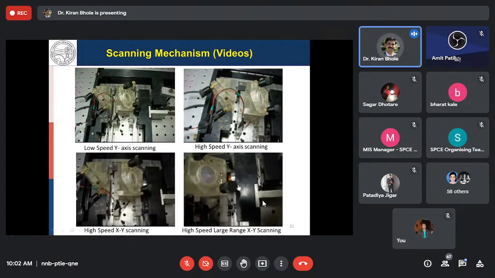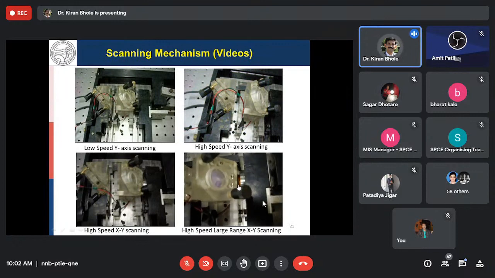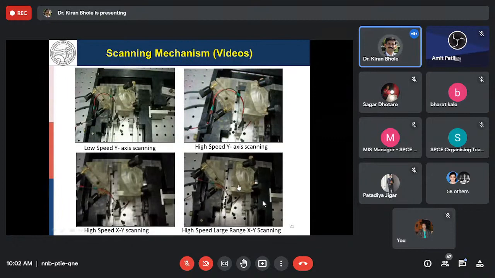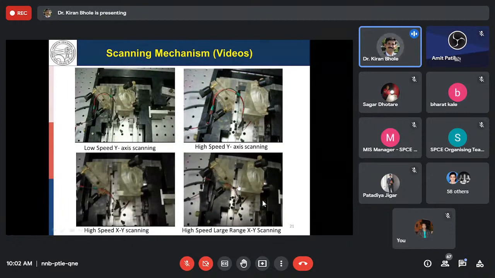As I told you, with this scanning scheme, we can fabricate large range, high resolution structures. It means we can print, and the resolution is in microns.